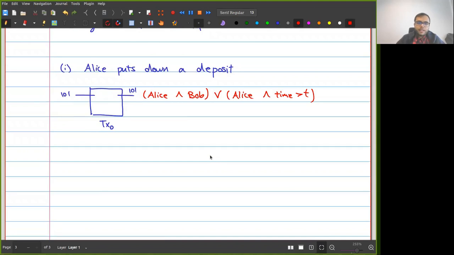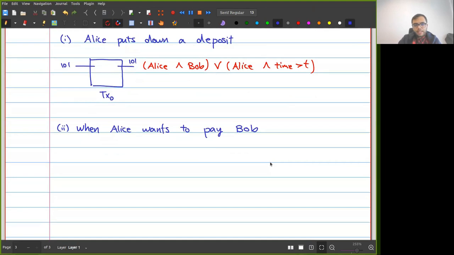Okay. Now, if I want to increase the payment, so when Alice wants to pay Bob, she's just going to create new transactions and sign them and send them to Bob. This is exactly as before. So Alice would create a transaction.